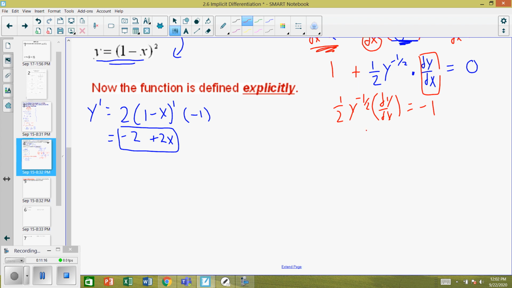Okay, so I get dy over dx equals -1 divided by, and I'm going to say 1 over 2 to the positive 1/2 power, or just square root of y.